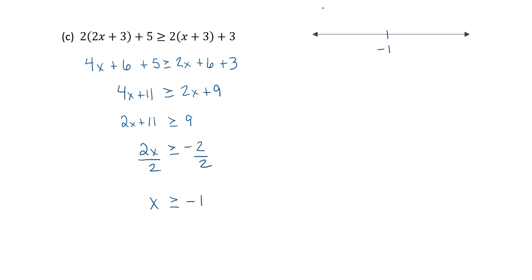We'll mark that value on the number line. And x is greater than or equal to, we put our square bracket, and in interval notation, our answer is -1 to positive infinity.